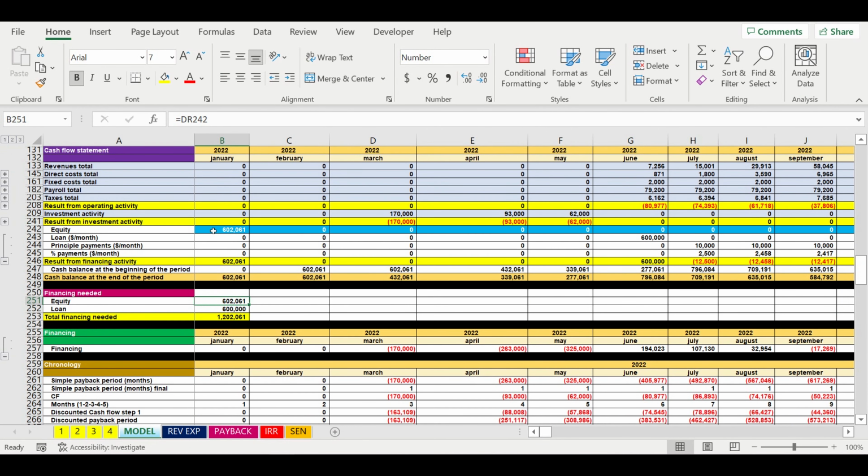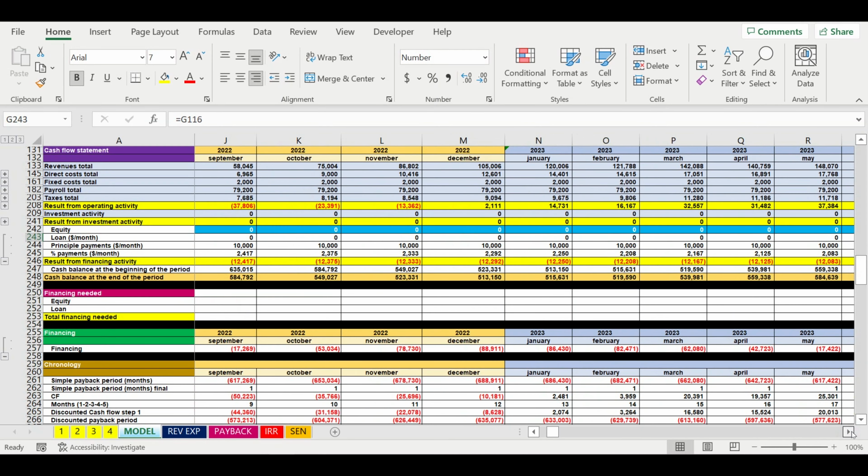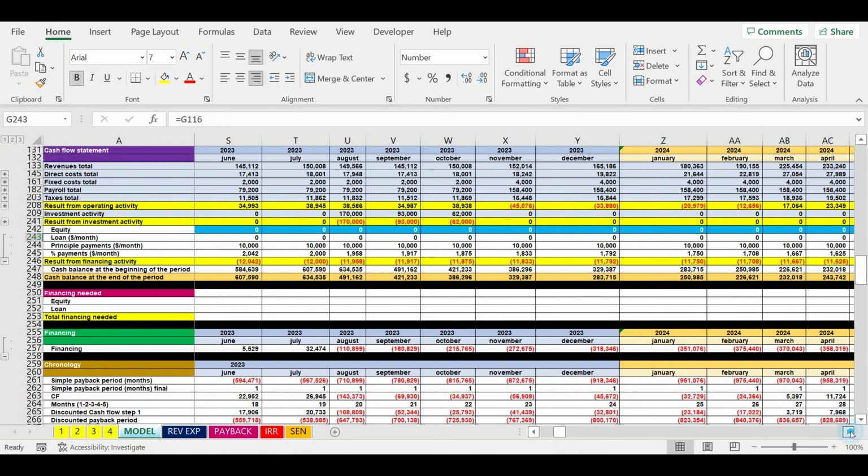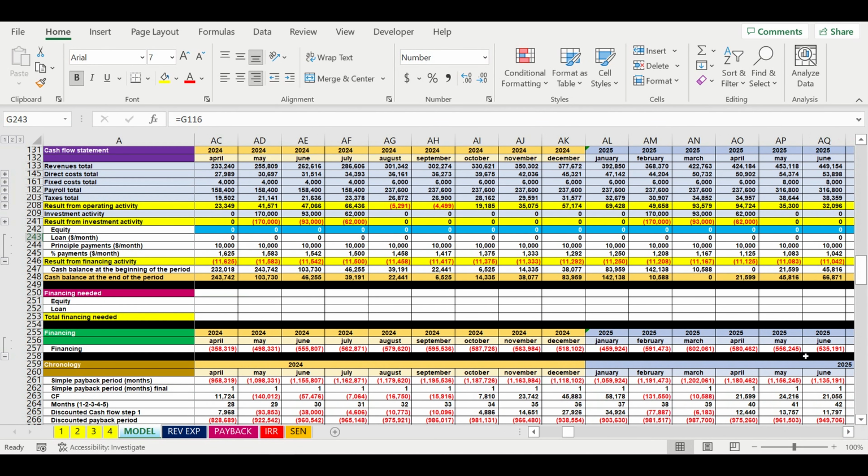So here is the amount of money from the pocket, this is the loan, and then we are moving from left to right to the cash flow statement. This is mathematical zero in cash balance at the end of the period, and then the project starts generating its own cash.